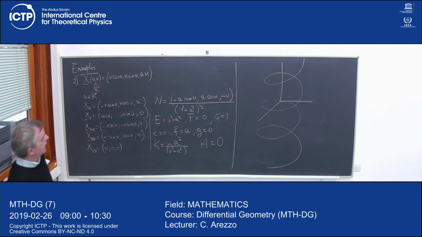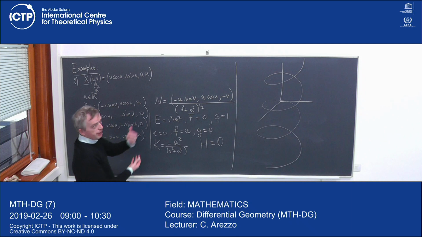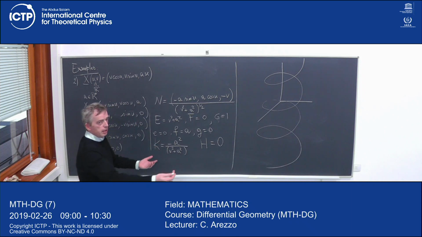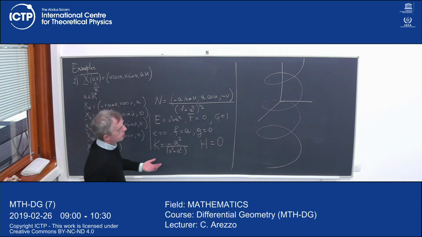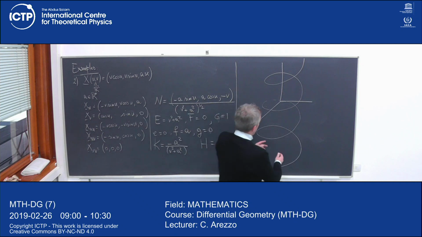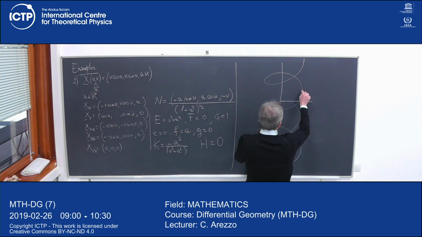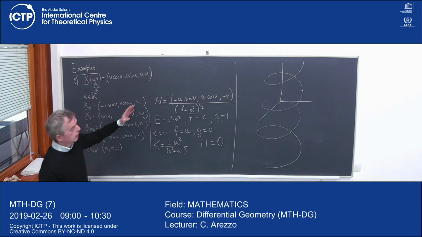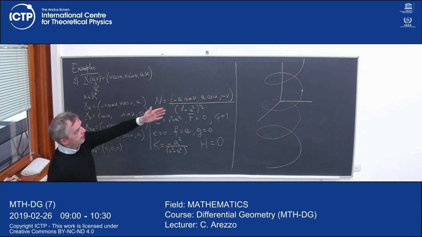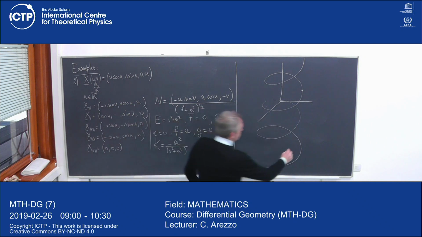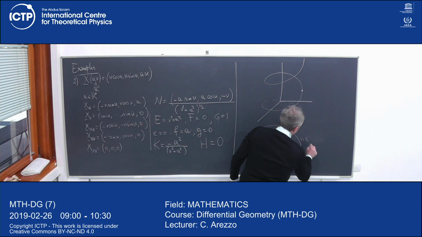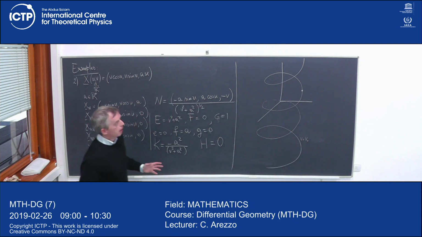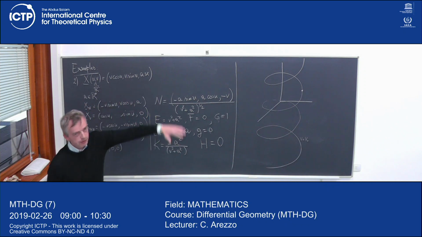Now let's play the opposite game. Now I fix u and v is moving. Geometrically that means I picked one point of this helix, because I fix u. Suppose this helix is given by the choice v equal to v naught. I fix this v naught and draw this helix.